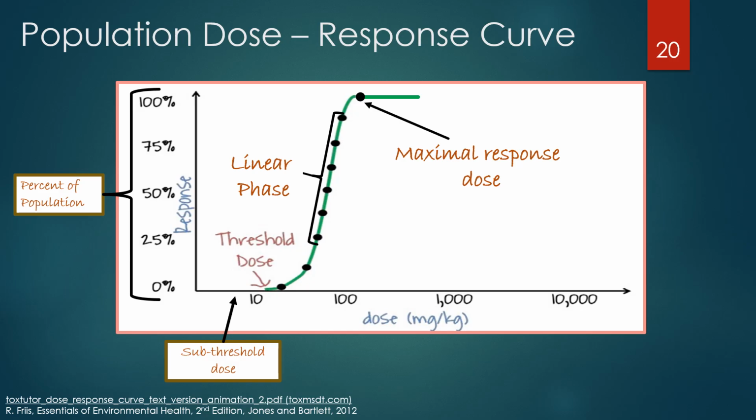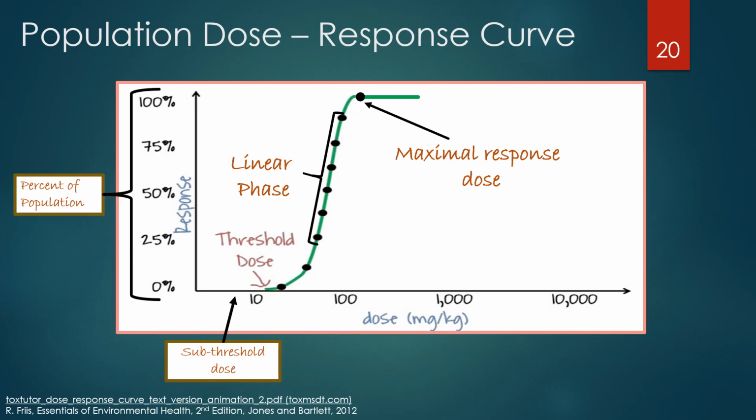After the threshold dose has been passed, the curve begins to rise and then accelerates until it enters a linear phase where the response is proportional to the increase in dose. When maximal response is reached, the curve flattens out.